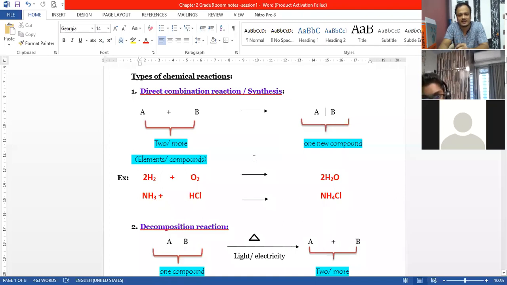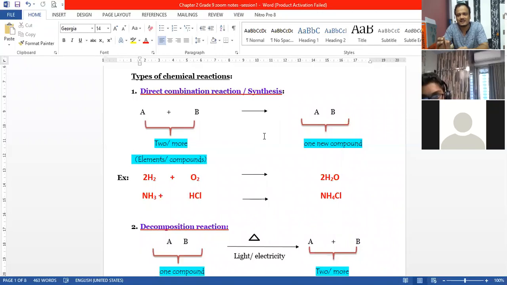This is called a direct combination reaction. This reaction is also known as synthesis. Now, the difference between direct combination and synthesis is that a direct combination reaction is when two or more substances come together and combine to form one new compound. Synthesis is very specific.